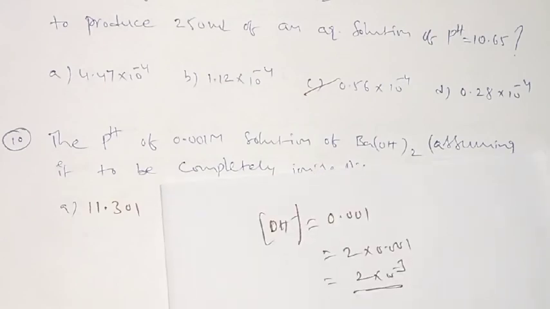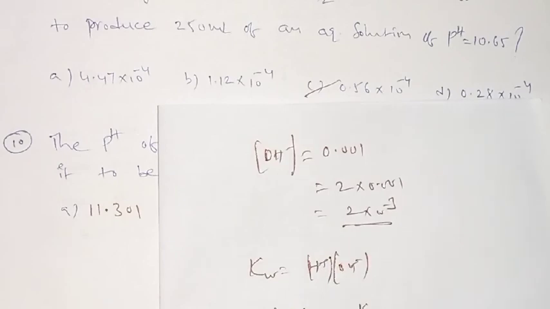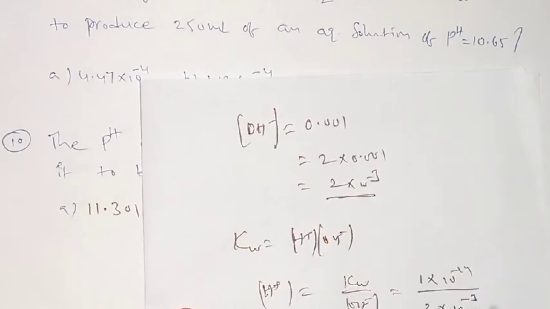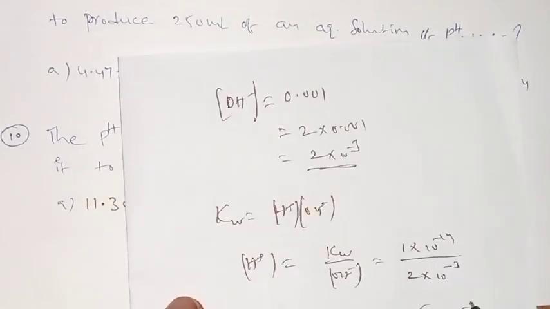Now as per the Kw concept, Kw equals H plus into OH minus. Now H plus equals Kw by OH minus. Kw is nothing but 1 into 10 power minus 14 divided by 2 into 10 power minus 3, which we just got. If you simplify, we'll get 5 into 10 power minus 12.